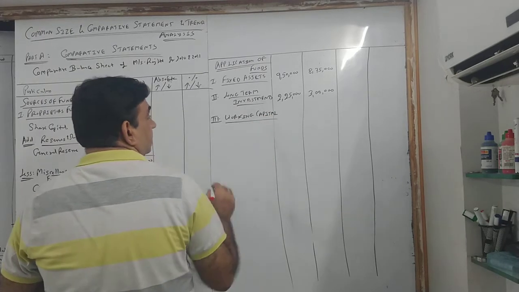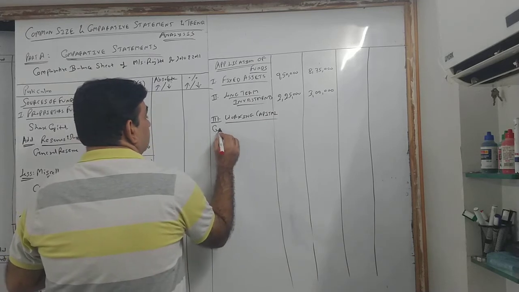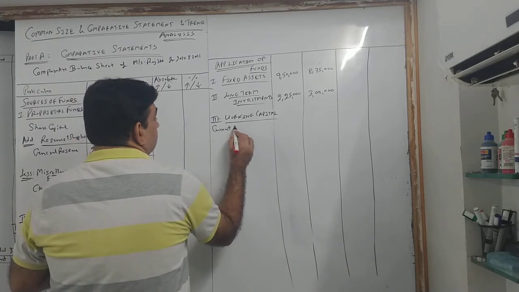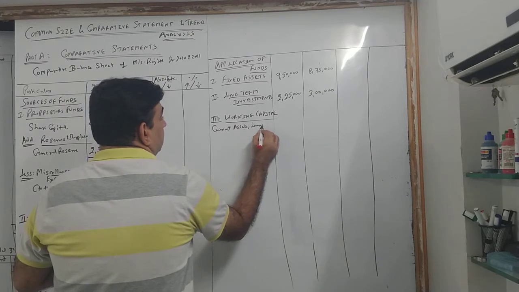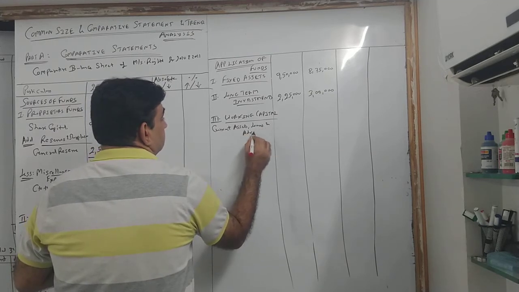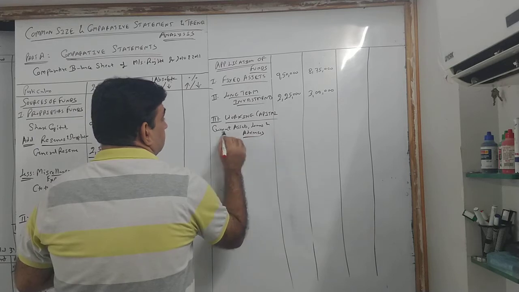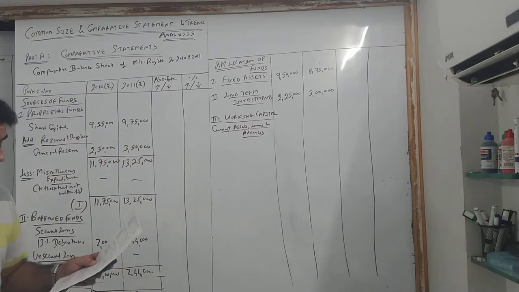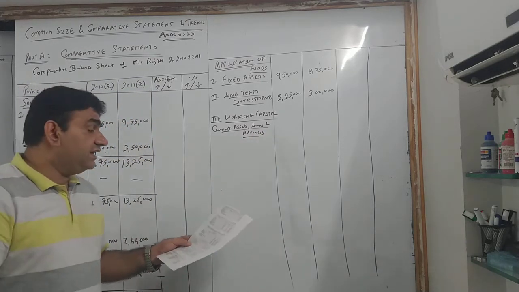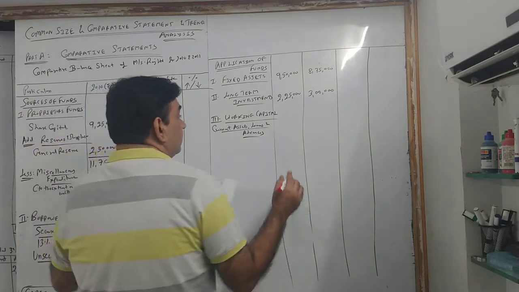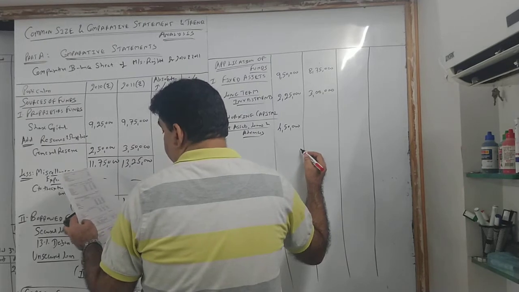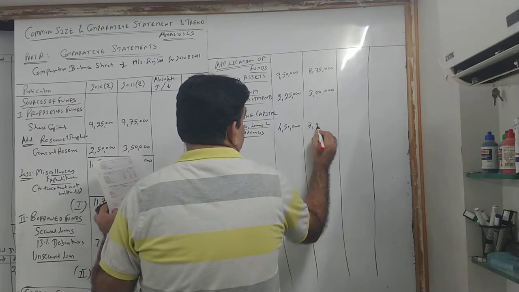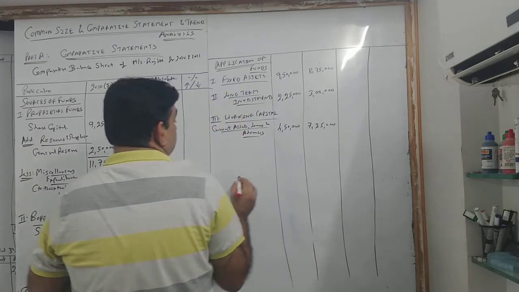Third, working capital. Underline, subheading, current assets, loans and advances. No breakup. Straight away they have given you current assets. How much it is? 450 and 725.